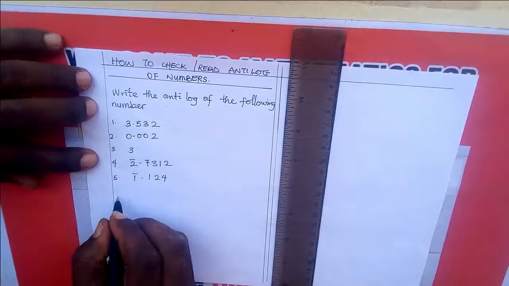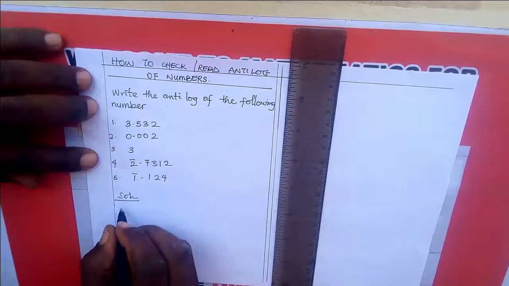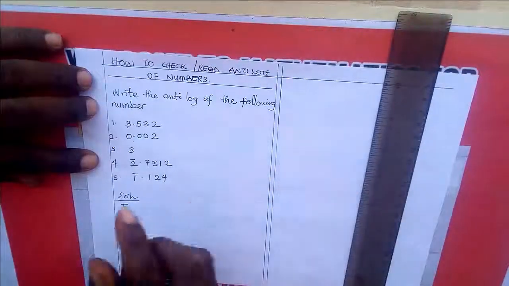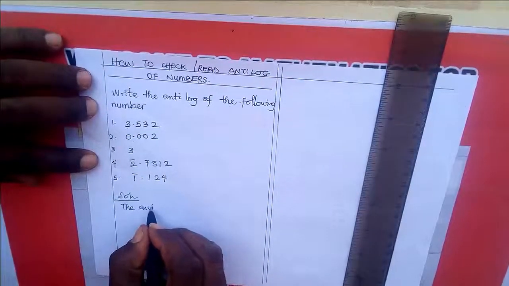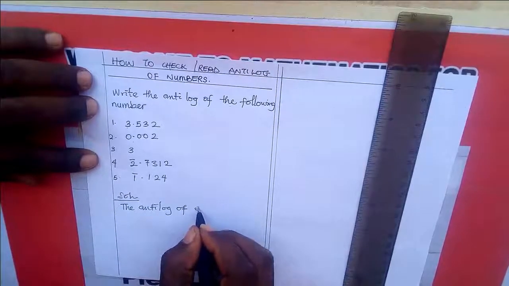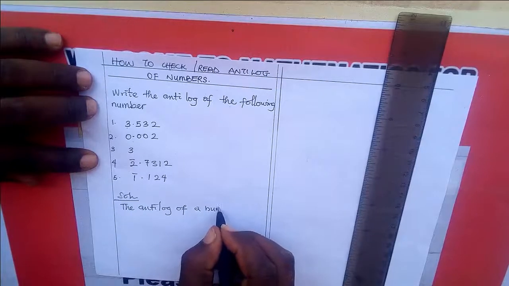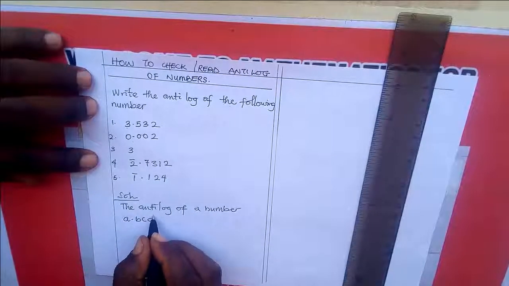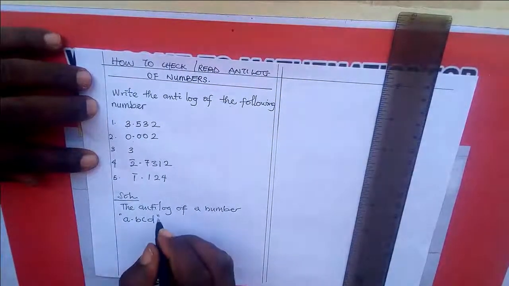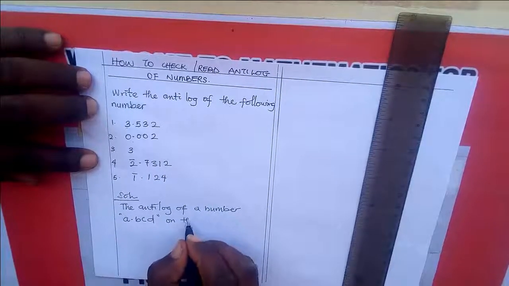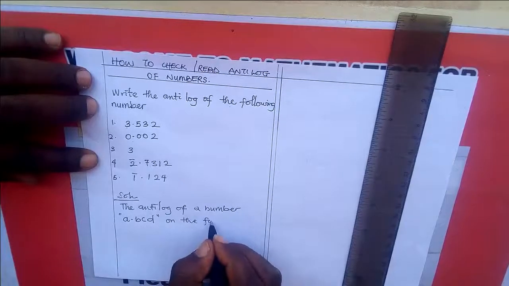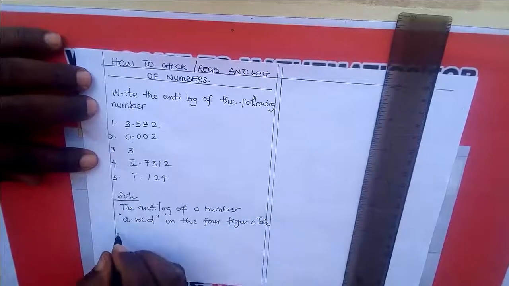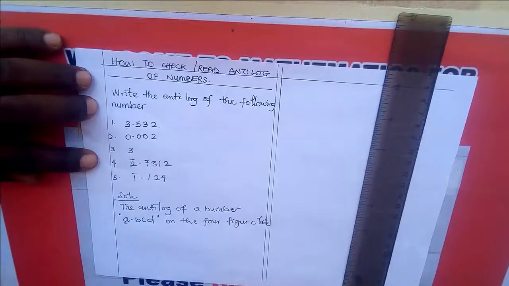So reversing this solution, the antilog of a number a.bcde on the four-figure table: you check this first part.